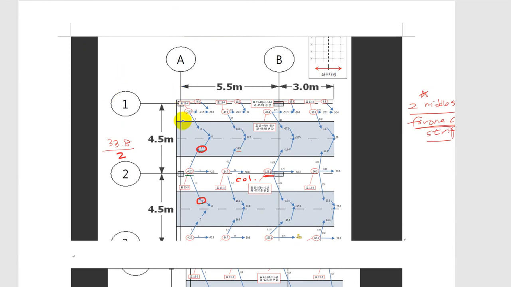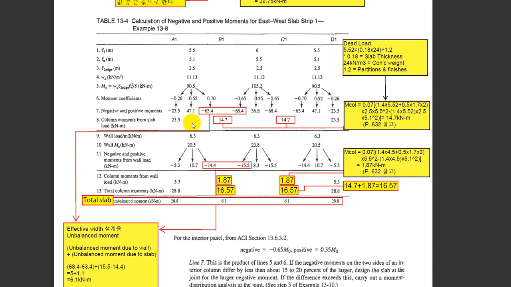Okay, now we have a minus 23.5. You want to take a look at one more time? See here, we have a minus 23.5, and the inside minus moment we have two. One from this span, one from this span.